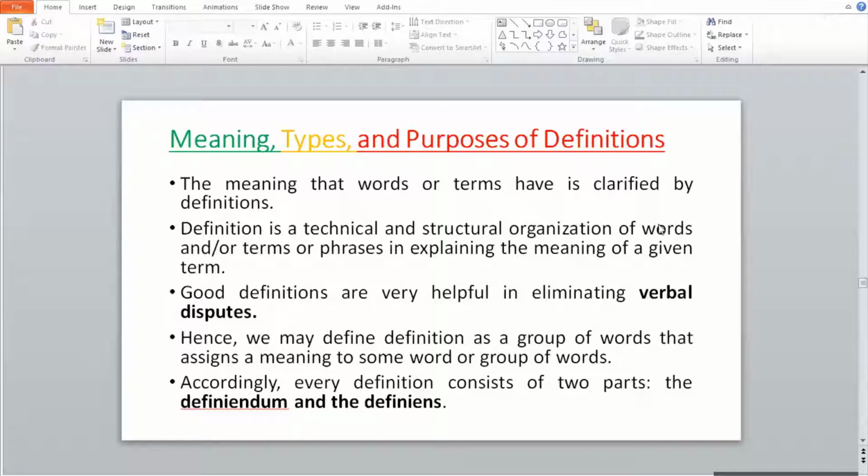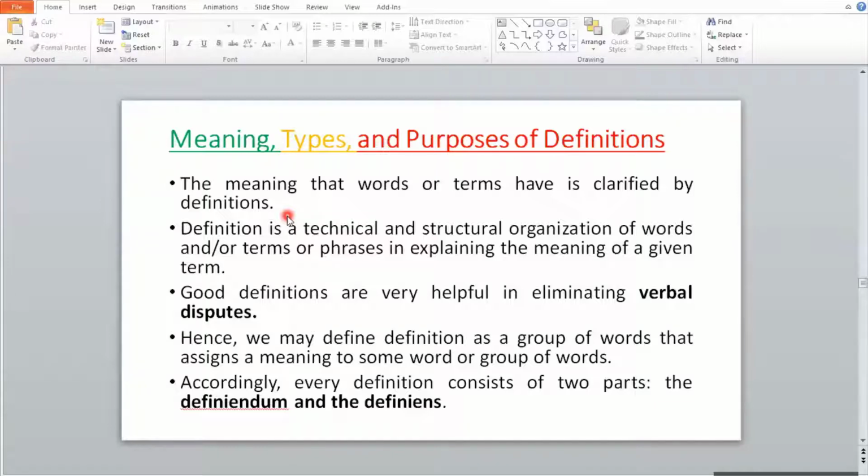Today, we'll look at the meaning, the type, and the purpose of definition. As we have already discussed in the last session, the meaning that a word or a term has is clarified by the definition. We may define the meanings of a word or a term.